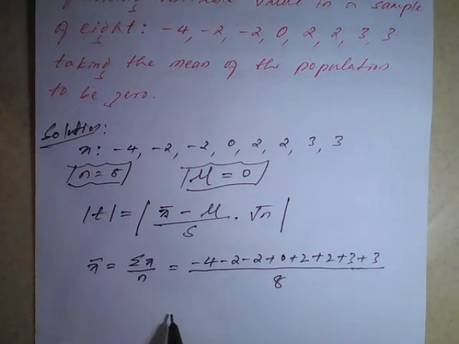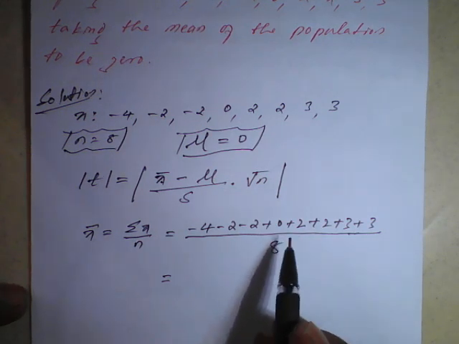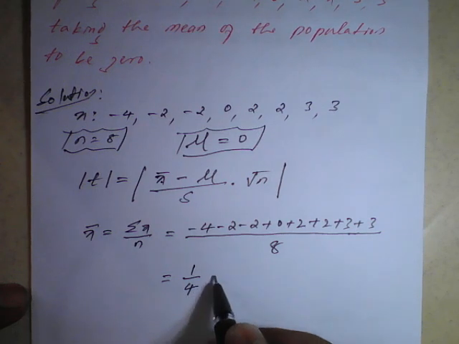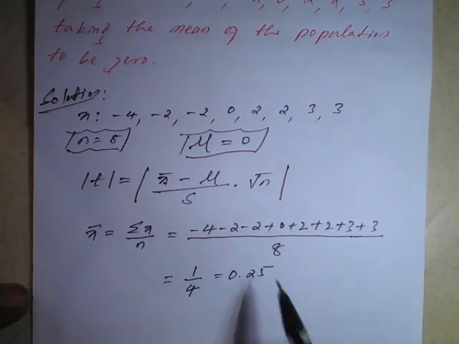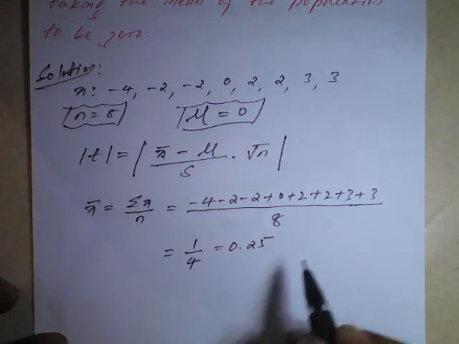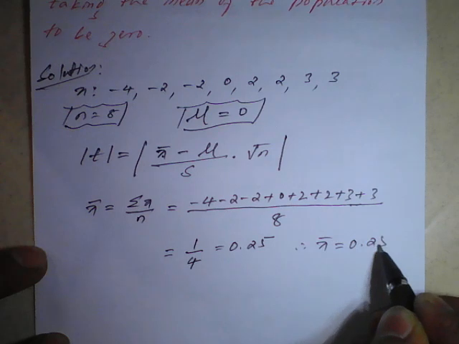So simplification will become 1 upon 4, which is nothing but 0.25. So we got the x bar value. Therefore x bar is equal to 0.25.